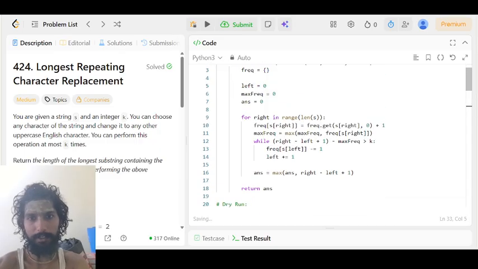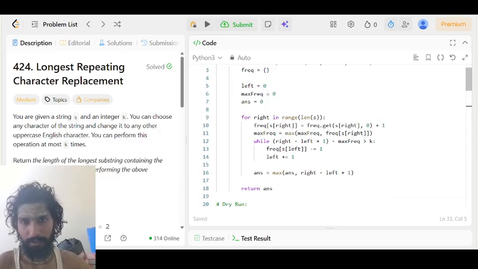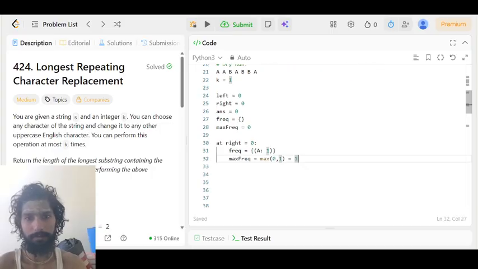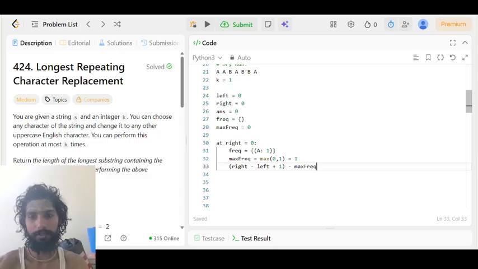Then I will see whether this condition is true or not: right minus left plus 1 minus max freq. So that is equal to 0 minus 0 plus 1, 1 minus 1, that is 0. That is less than k.